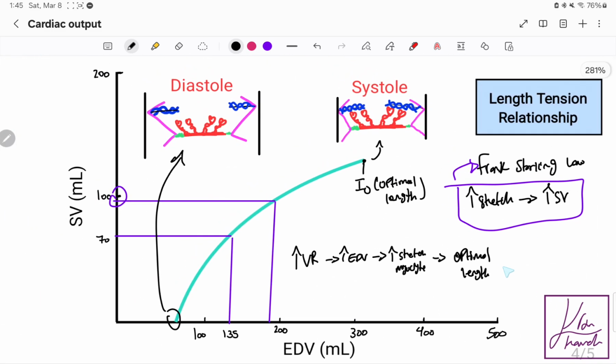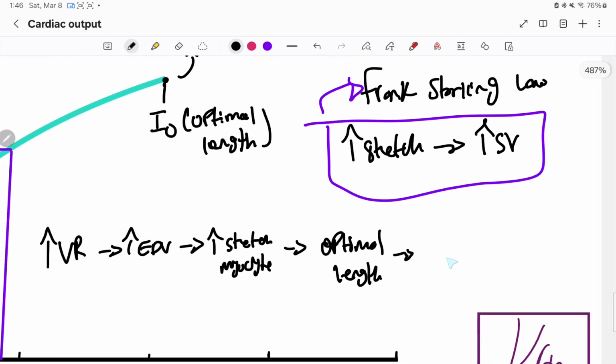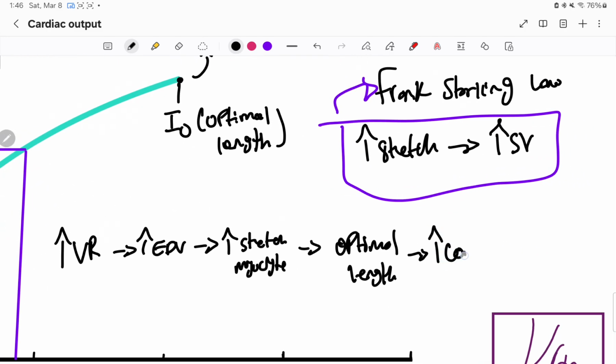And what ends up happening is when they reach an optimal length, like I said, the myosin and the actin can interact more optimally, and this can increase something called contractility, okay? Contractility is just the ability of the heart to contract. So when I say we enhance contractility, that means there's better, more forceful contraction. So we have an increase in contractility because more myosin and actin heads are interacting.